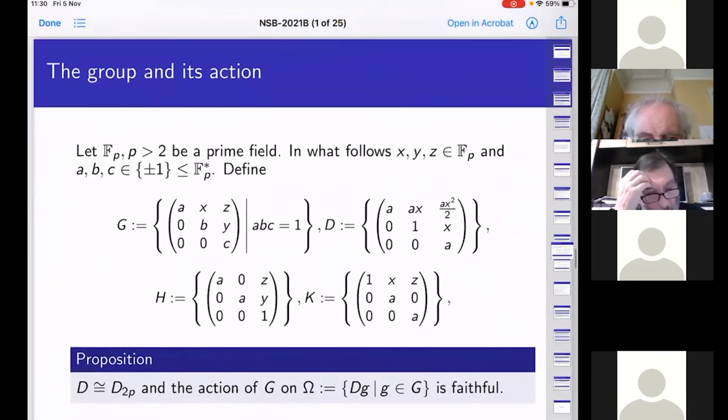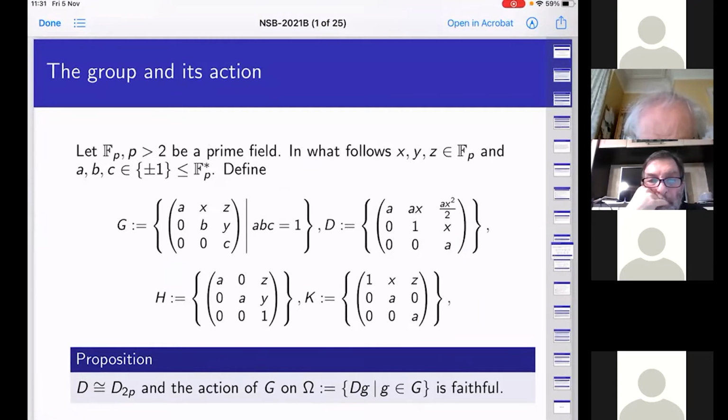I have to show you that the generalized dihedral group for Z_p squared has a connection set whose automorphism group contains two non-conjugate copies of the regular subgroups. And now let me describe the situation.